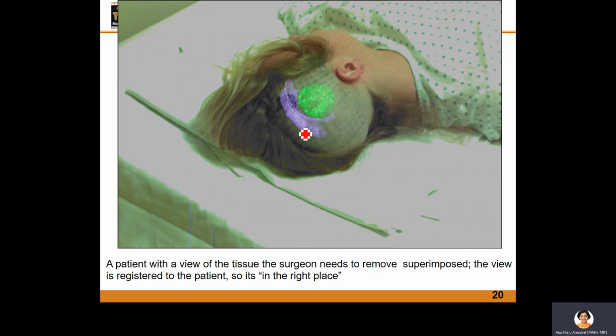Okay, and it can help with guiding throughout the surgery of the patient. So such techniques exist, and for these techniques, image registration plays a very important role, and that's why it's important that we learn about it.